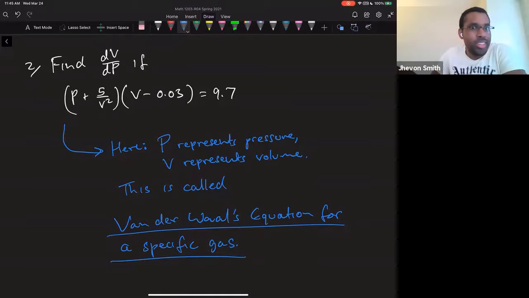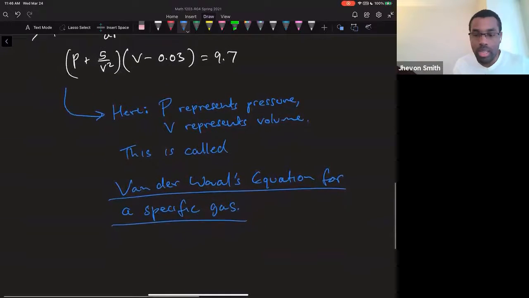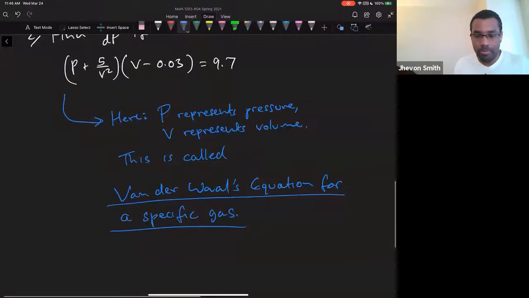Is it like an explosion? That wouldn't be great. Or is it something else? This is the kind of question we'd want to be able to ask. How fast does volume change in relation to pressure? As my pressure is increasing by 1 atmosphere per second, how much is my volume increasing in centimeters cubed per second or something like that? So that's what we ultimately want to find.